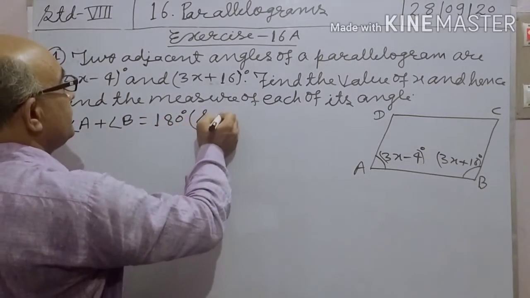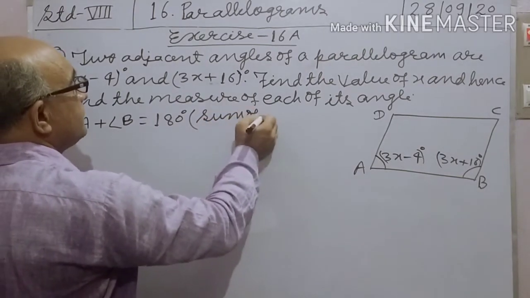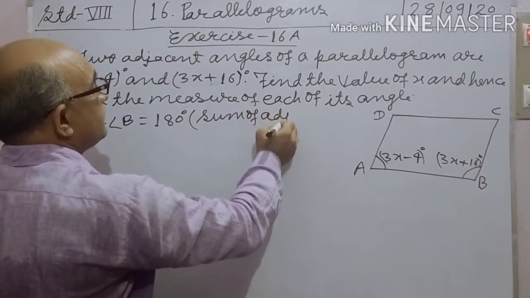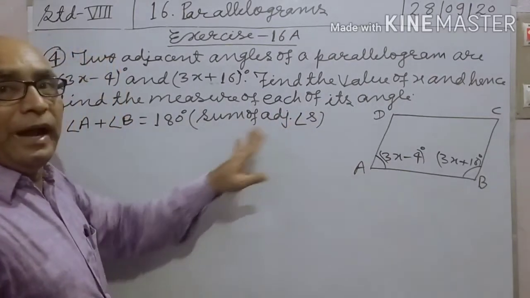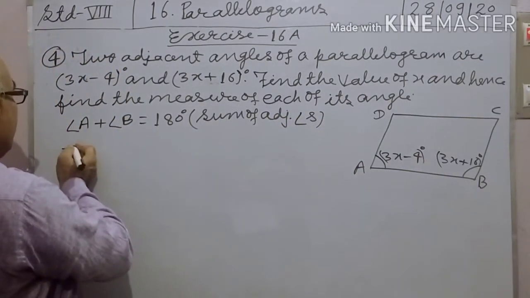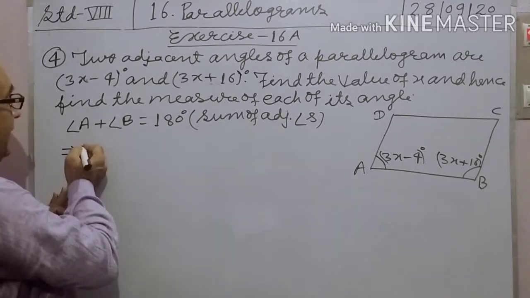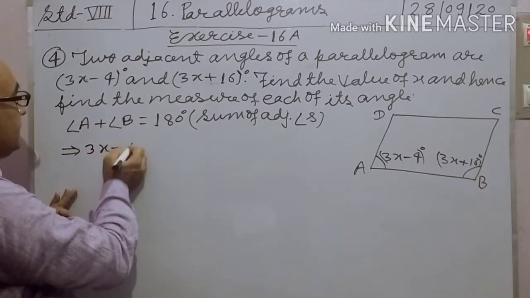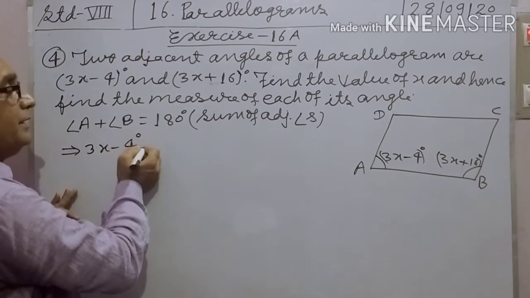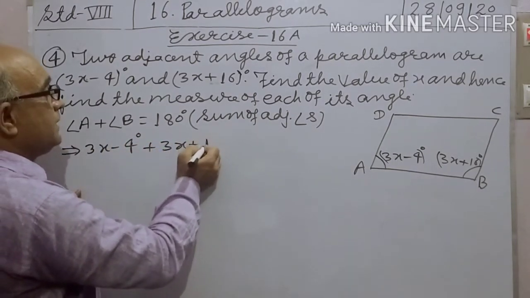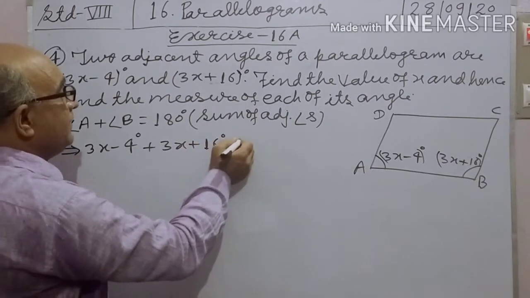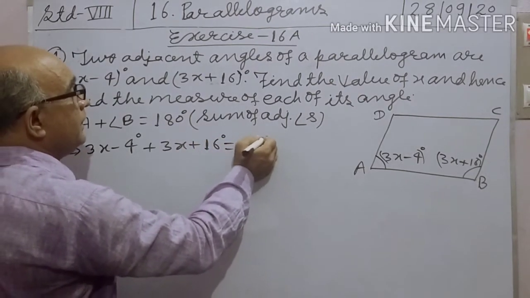Sum of adjacent angles. That implies angle A equals 3x minus 4 degrees plus angle B equals 3x plus 16 degrees equals 180 degrees.